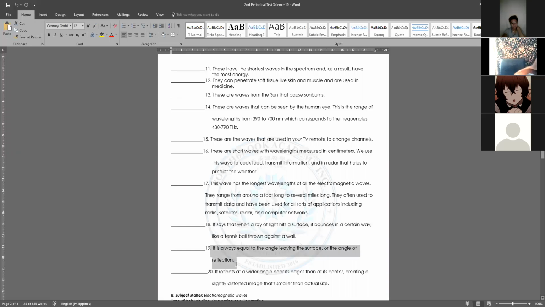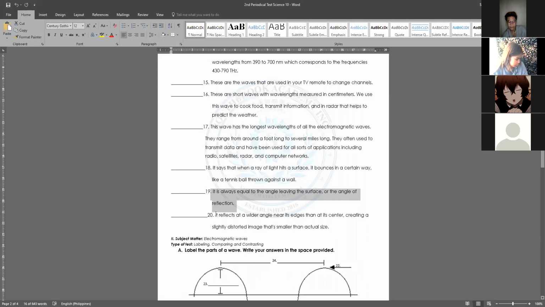Number 19, let's have Inario. It is always equal to the angle leaving the surface, or the angle of reflection: the angle of incidence. Correct. The angle of incidence.